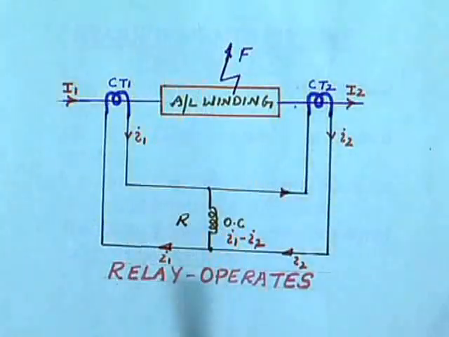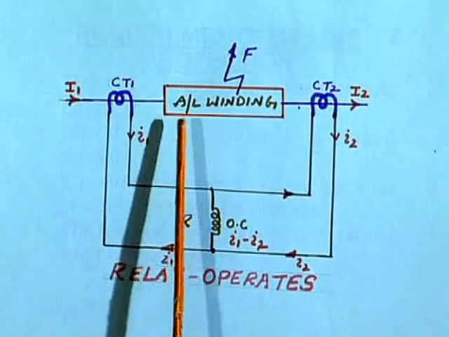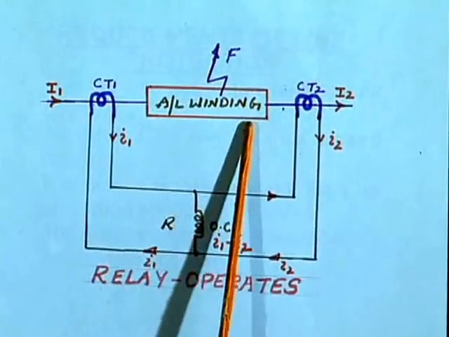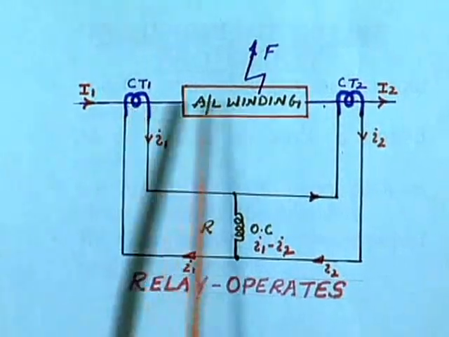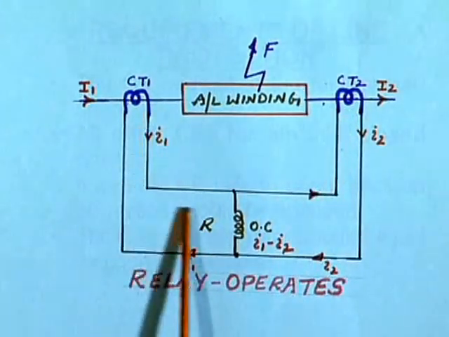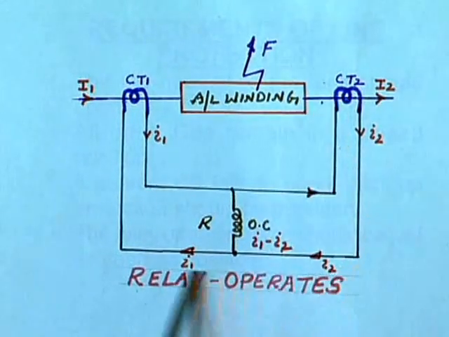The types of feeders you can see here. This is the wire transmission line. It is connected to an alternator winding, and on either side you have CTs, CT1 and CT2, and they are connected through the pilot wires. This is the pilot wire.